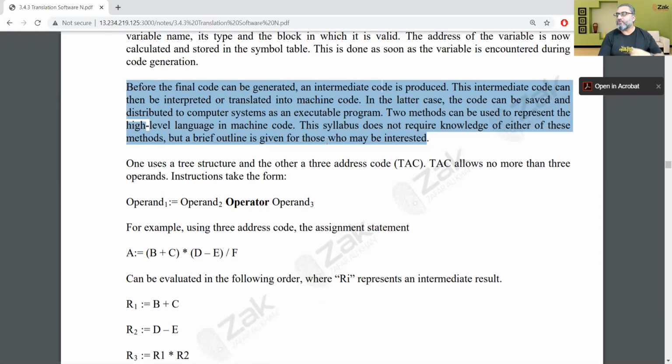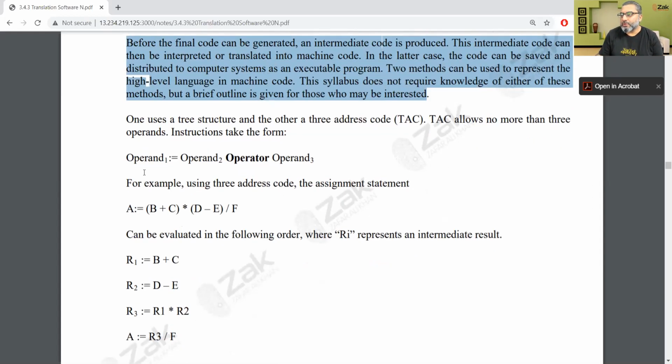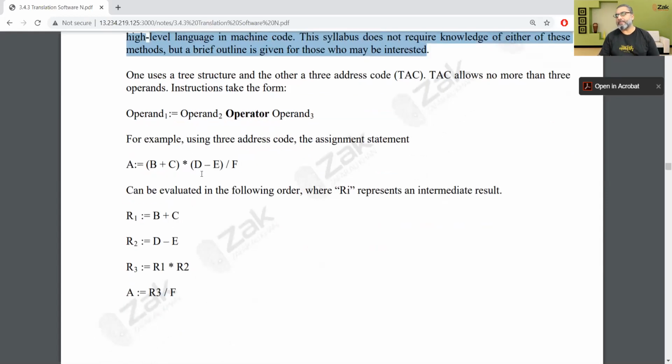One uses a tree structure and the other uses three address code, TAC. The TAC allows no more than 3 operands. So operand 1 equal to operand 2 and then one single operator and then operand 3. So basically what happened? Let's say we have got this particular expression written in the source code.